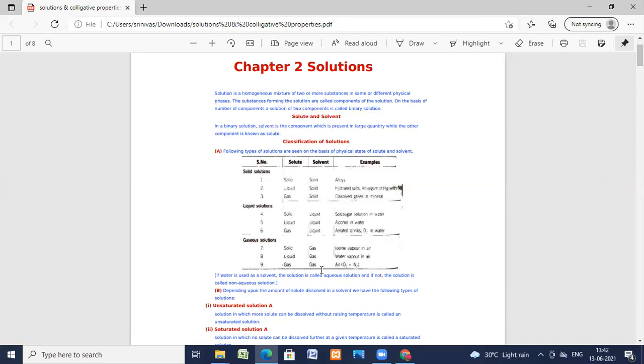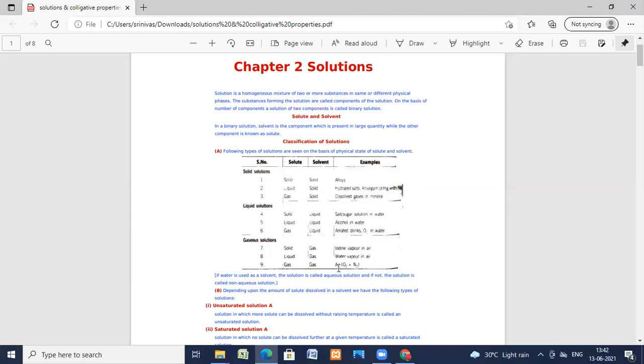Gas in gas, air. We can take atmospheric gases as an example. Nitrogen is 78% and the remaining gases are oxygen and noble gases, in lesser percentages. So atmospheric gases also come under a solution. That is also a homogeneous mixture.